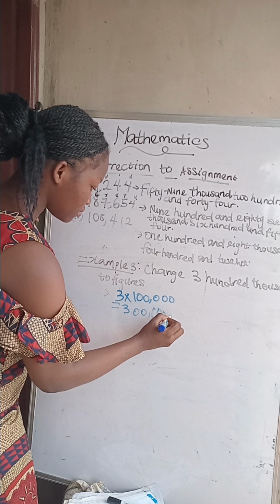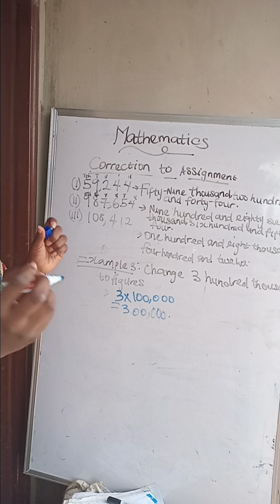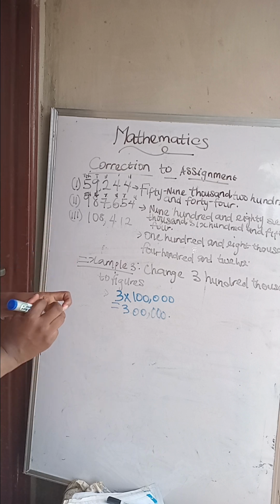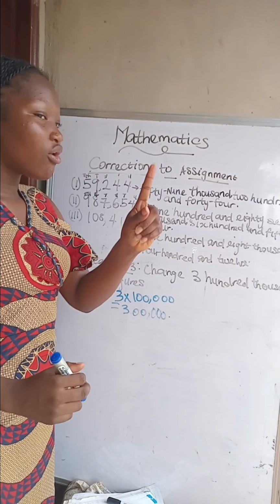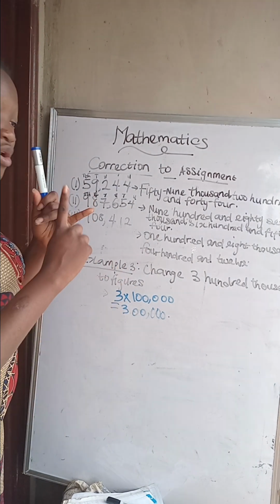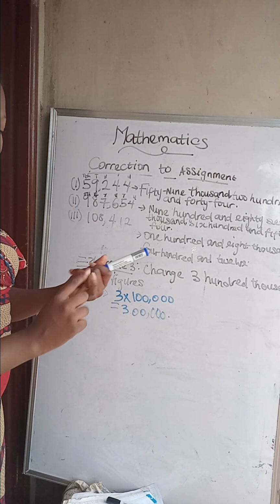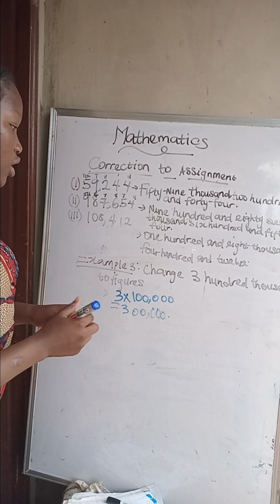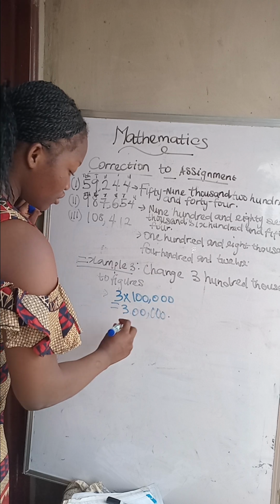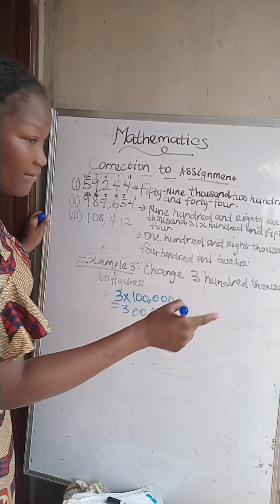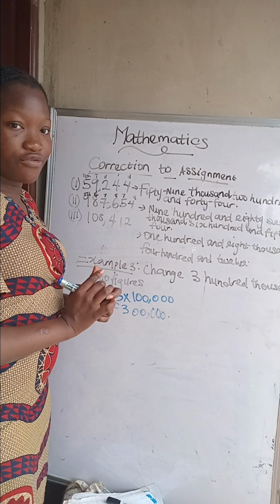You can have different approaches. Now 100,000 has how many zeros? Yeah, it has 5 zeros. You just add 5 zeros to the back of 3, and we have our 300,000. You can have different methods.